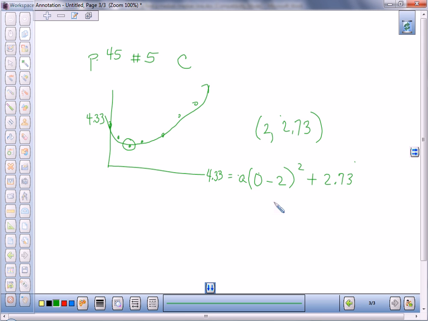Okay, so let's all do this together. I got A as approximately 0.4. Did you guys get the same thing? And that's how we could get the C.